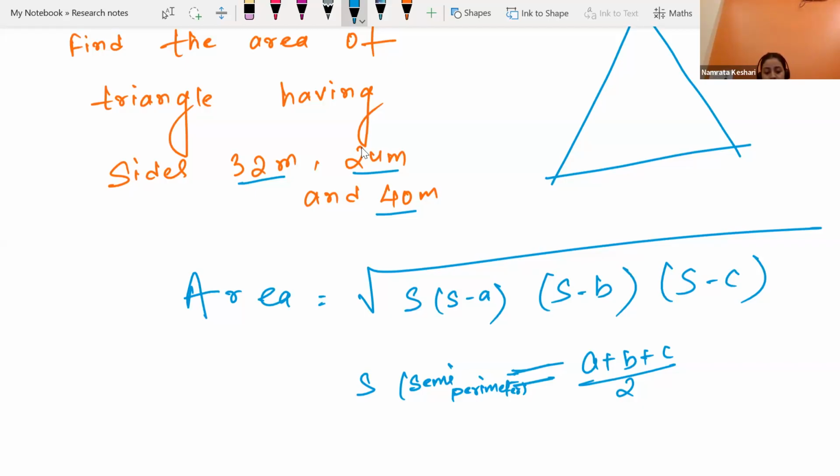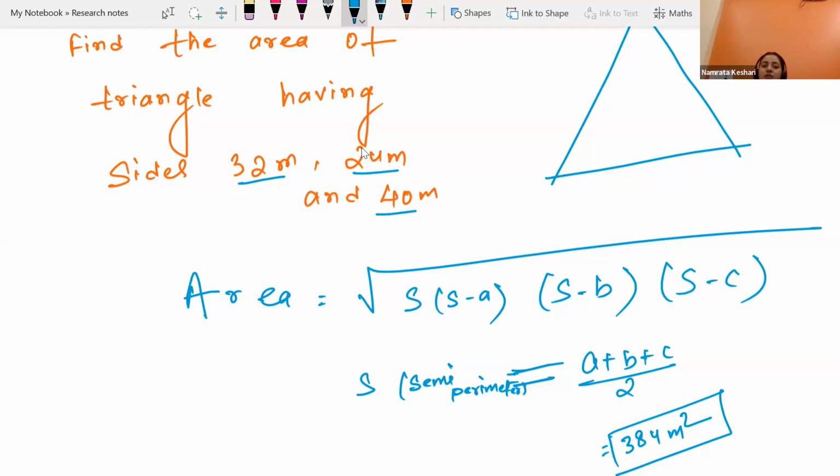Ma'am, 384 meters square. Everyone is getting the same. Take your time and tell me. The figure formed is a scalene triangle, we can see from the measurements.